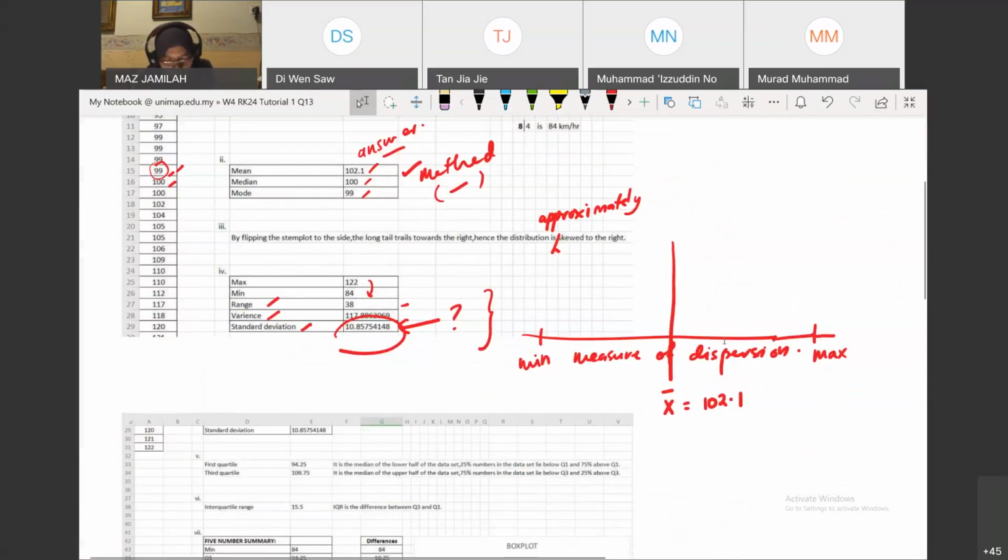Can you listen to me? Am I talking alone here, class? This teaching and learning will not be successful if this is the way I explain, because I'm the one doing all the talking. Okay, can someone please try? What does this 10.86 mean?